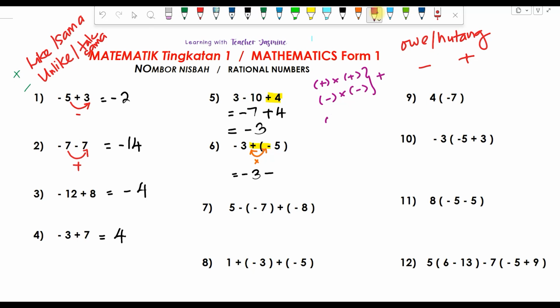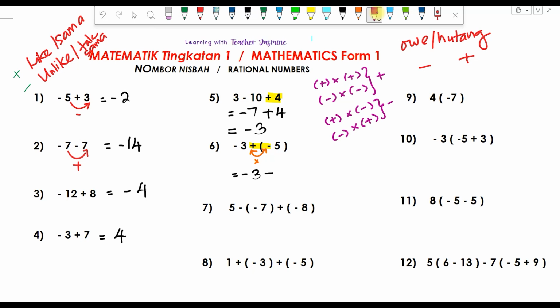Unlike symbols, kalau positif darab dengan negatif atau negatif darab dengan positif, right? If you are multiplying or dividing symbols that are unlike, it will always result in a negative value. Okay, akan sentiasa dapat nombor negatif.